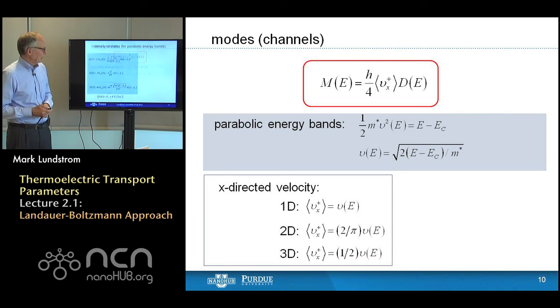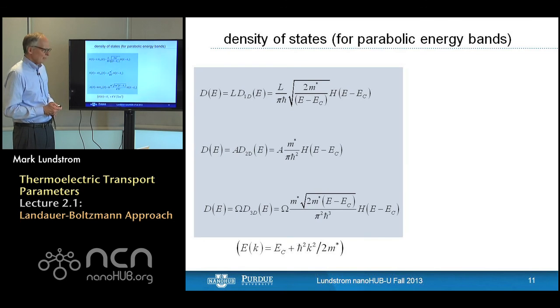Then we just multiply by the density of states. So the density of states is something that we are familiar with from basic semiconductor physics. In 1D, it goes as 1 over the square root of energy for parabolic energy bands. In 2D, it is independent of energy as long as we're above the bottom of the band. In 3D, it goes as the square root of the energy.